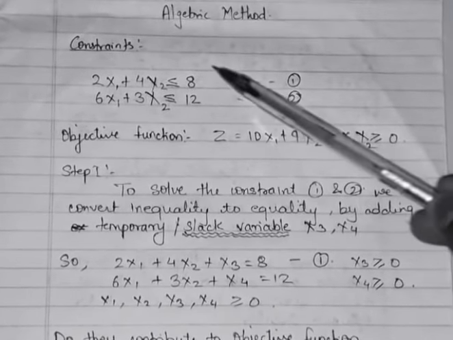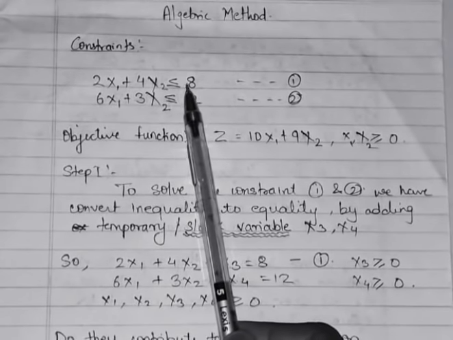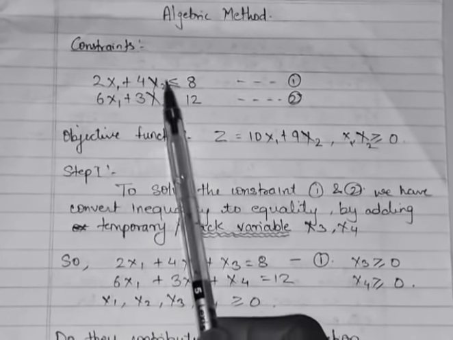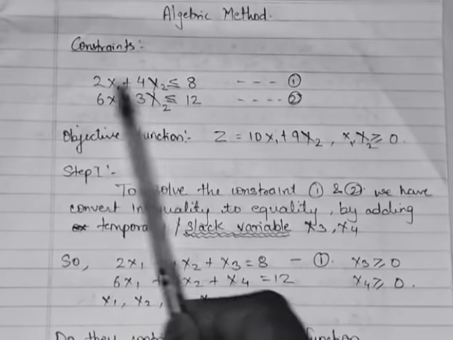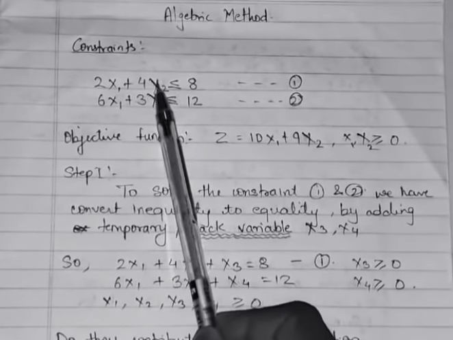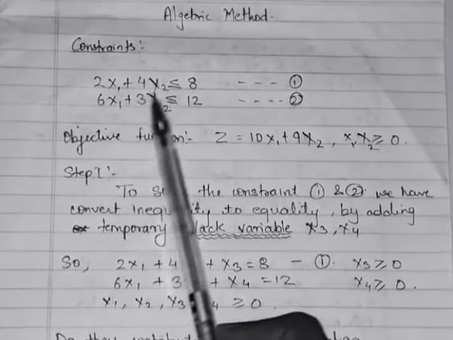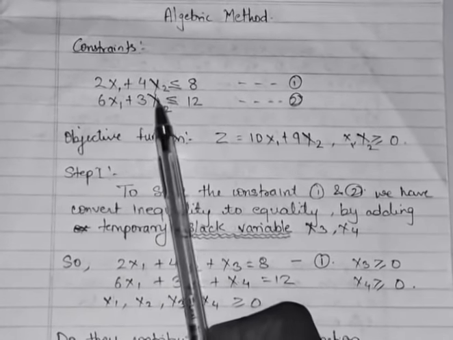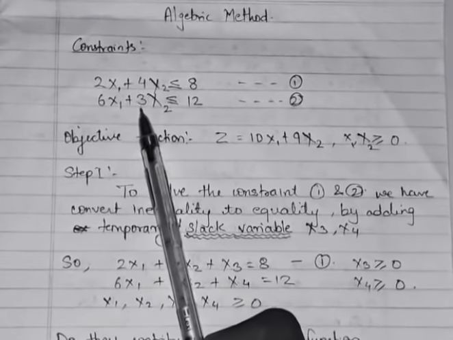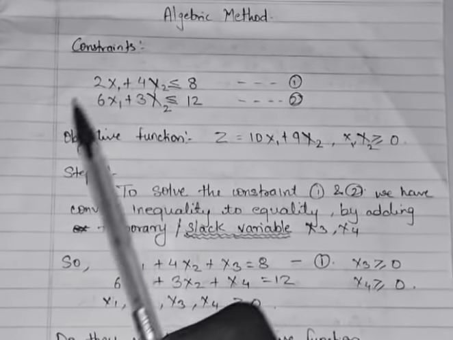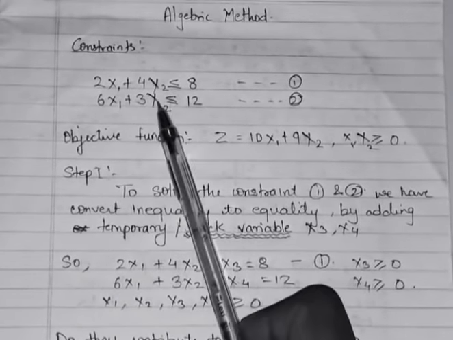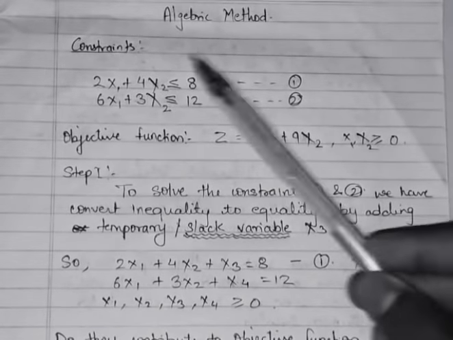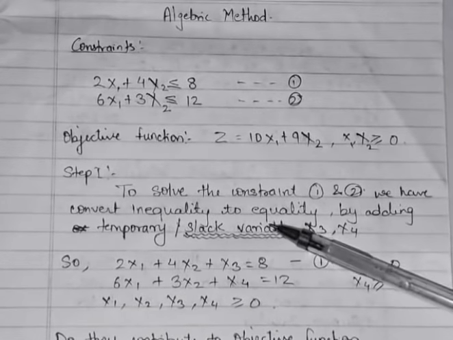See, 2x1 plus 4x2 is less than or equal to 8, so I will add something so that this becomes equal to 8. Similarly, 6x1 plus 3x2 is less than or equal to 12. If it is equal to 12, then I'll add 0. If it is less than 12, then I'll add some value. Basically, I'll add variables in both the constraints so that they become equations. Those variables are called slack variables.